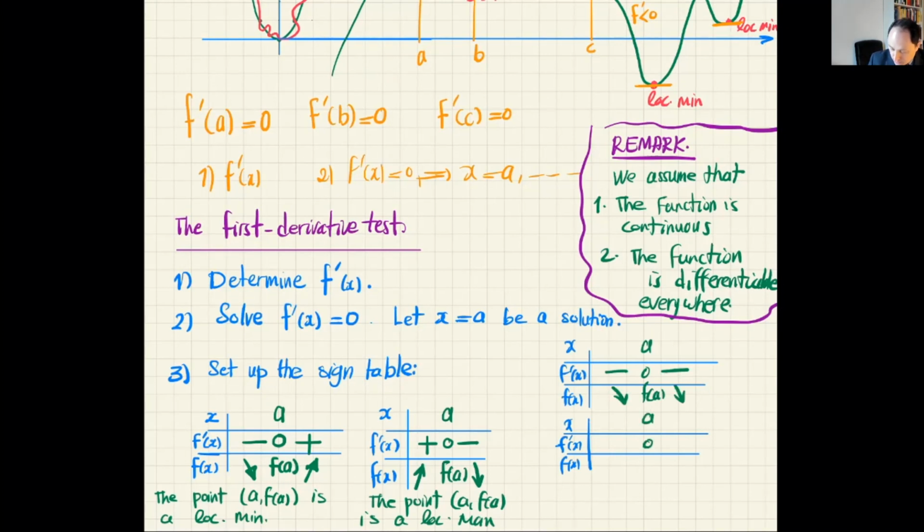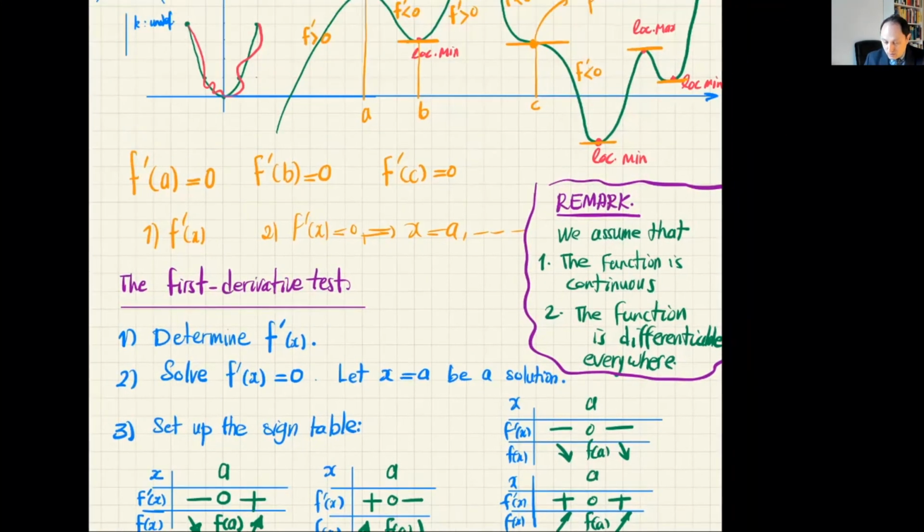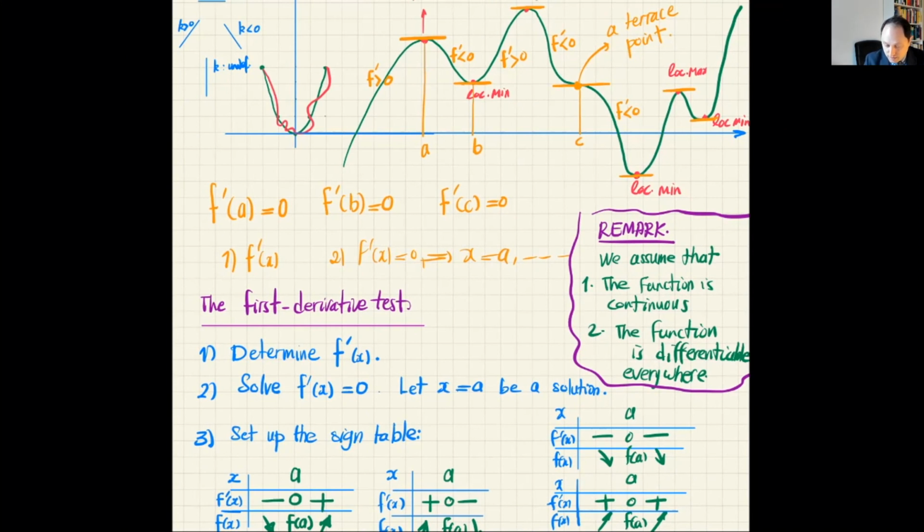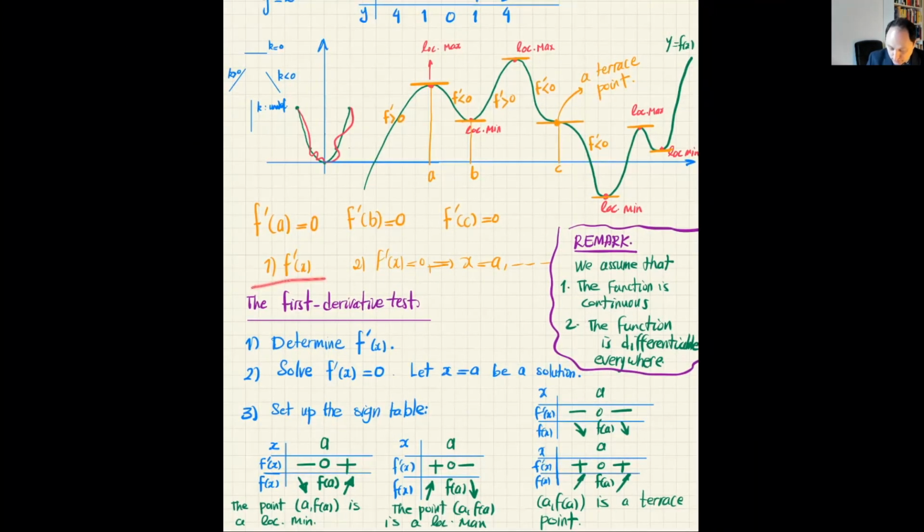Or if I put here, this is positive, this is positive, it goes up, it goes up. In both cases, (a, f(a)) is a terrace point. So if someone asks you what a terrace point is, you would say a terrace point is a point at which the slope of the tangent line is 0, but it is not a maximum nor a minimum. Okay, so this is what you need to know very well.